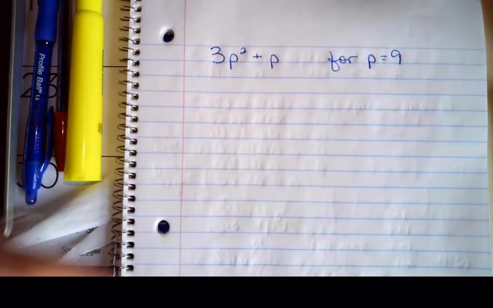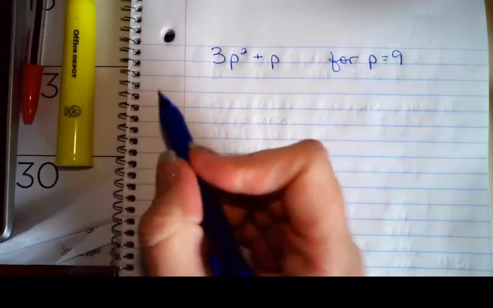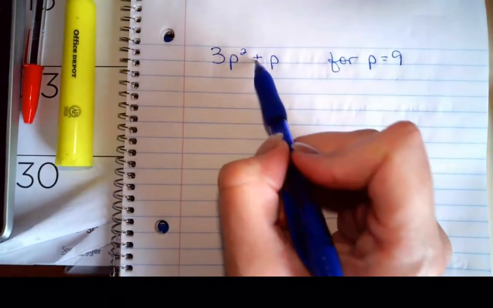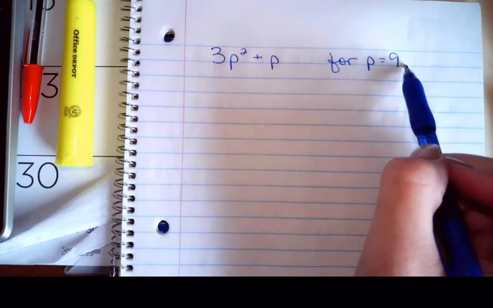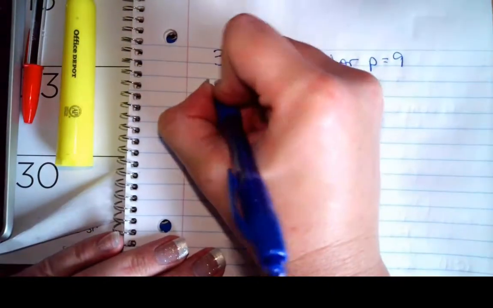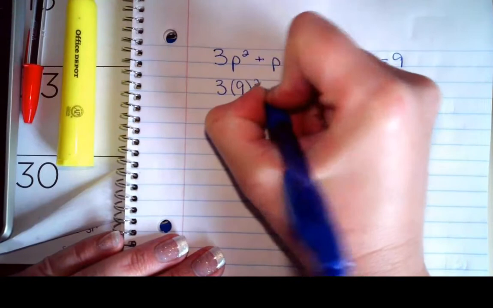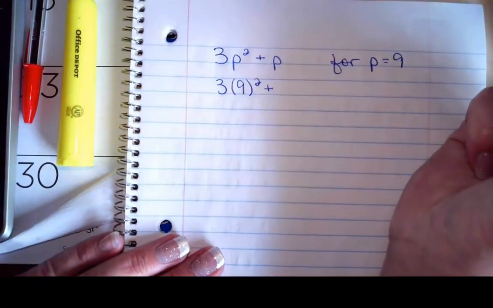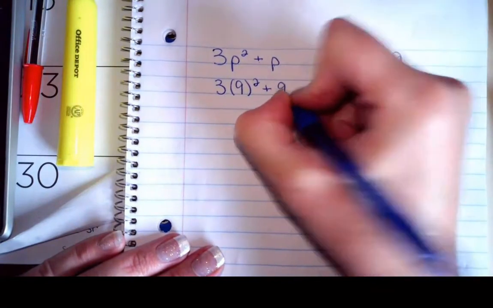We started making you do these little substitutions. So basically I've got 3p squared plus p, but wherever there's a p, I'm going to put a 9. So this square belongs to that p, so I'm going to swap it out. So I have 3 times 9 squared instead of p squared, and then plus 9 instead of p.